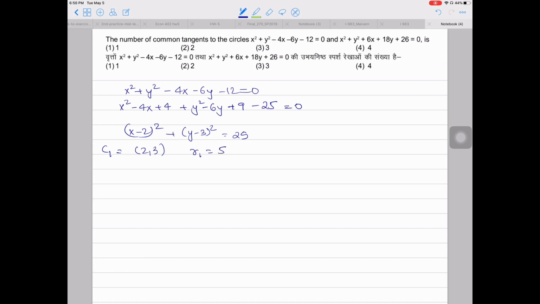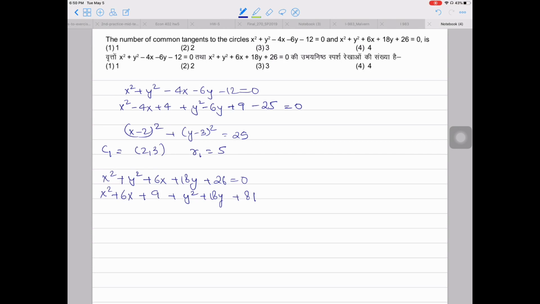Let's do the same for the second circle. So this is x squared plus 6x plus 9 plus y squared plus 18y plus 81.